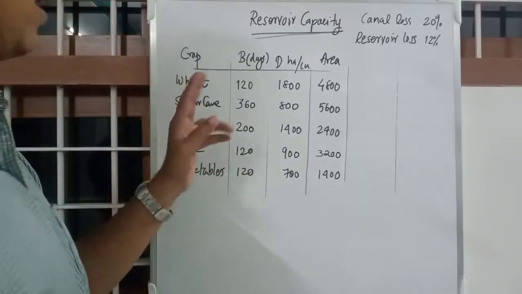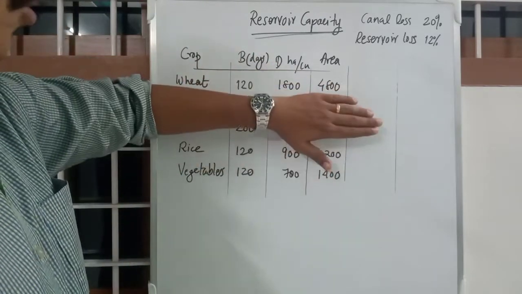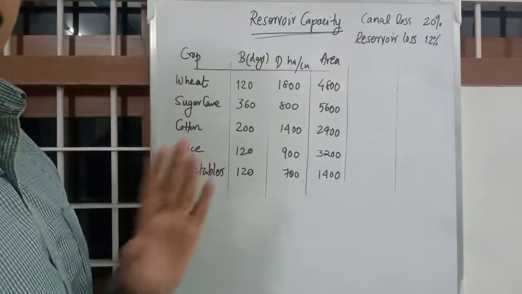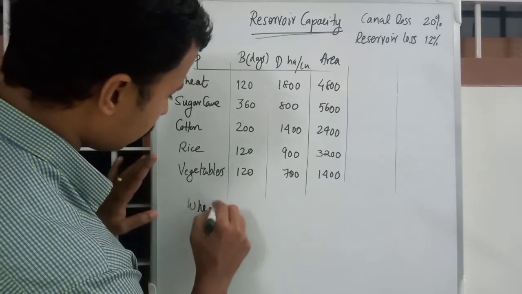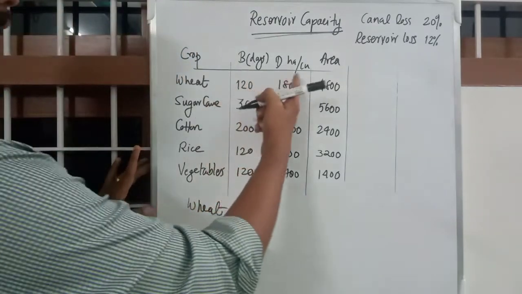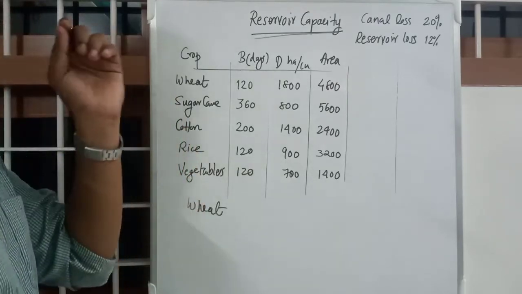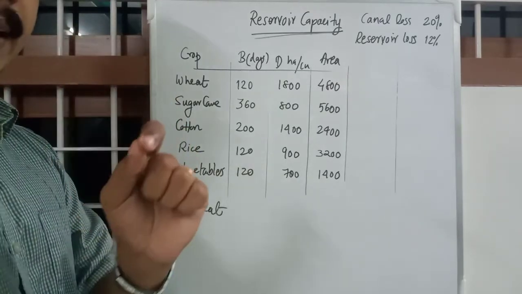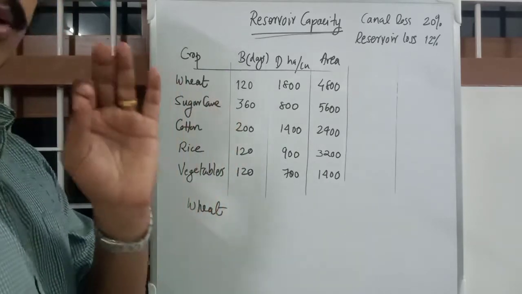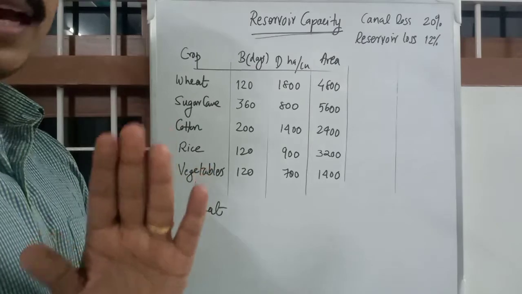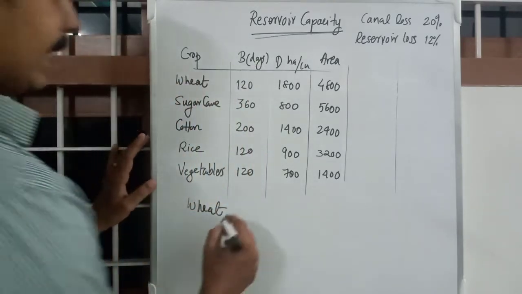For the time being, we'll just take one crop, leaving the other four behind: wheat. We have B, D and area. I am also reminding you about another term that we have talked about much, but haven't used in equations or numerical problems yet, and that is delta.